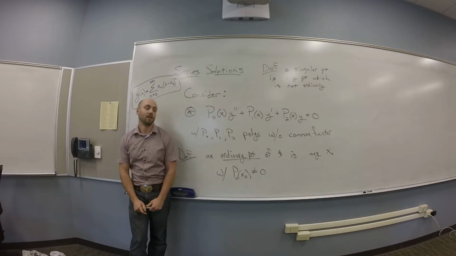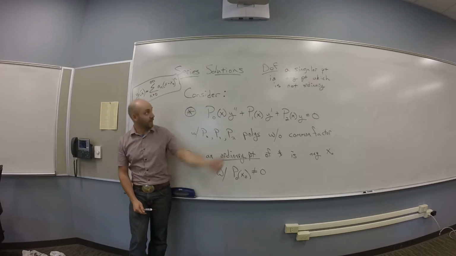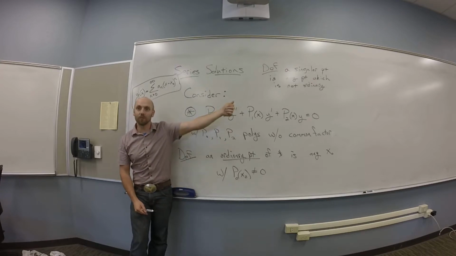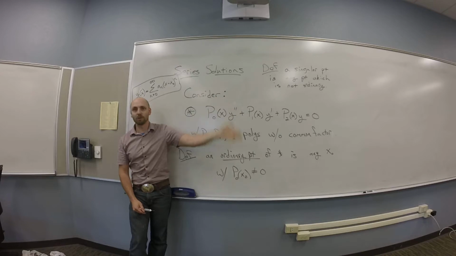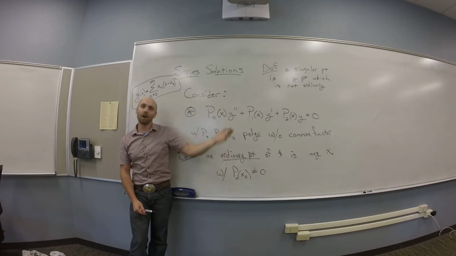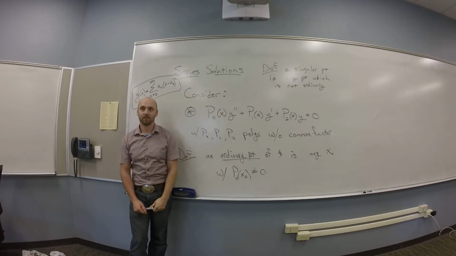Holes? Kind of, yeah. They're spots where you're not looking at a second degree differential equation. They're kind of the boundaries of solvability for me. Really, they're just the zeros of p0. To find the singular points, you take the p0 polynomial, set it equal to 0 and solve, and those are your problem spots. You guys good with that?